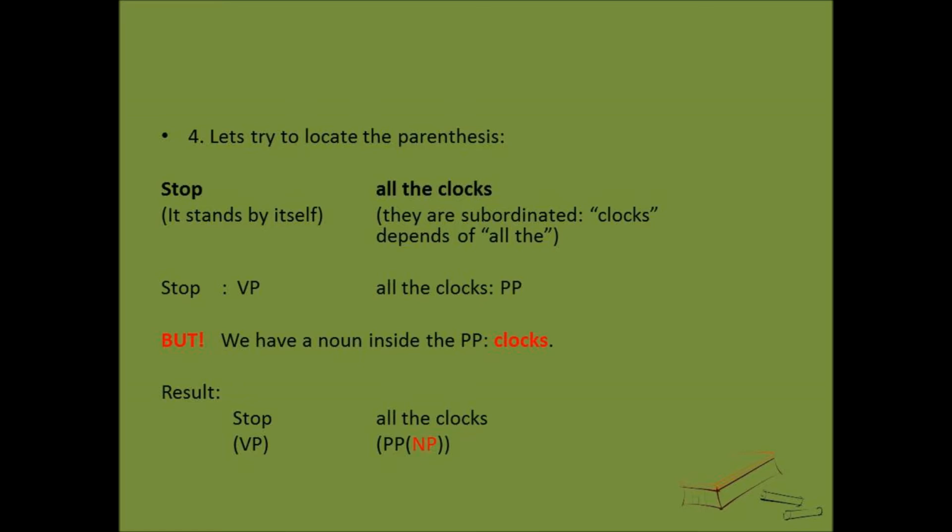So stop will be the VP and all the clocks will be the PP. But we have a noun inside the PP, right? It is clocks. So the result will be stop, VP, all the clocks is a PP, and inside the prepositional phrase we have an NP, which is clocks.